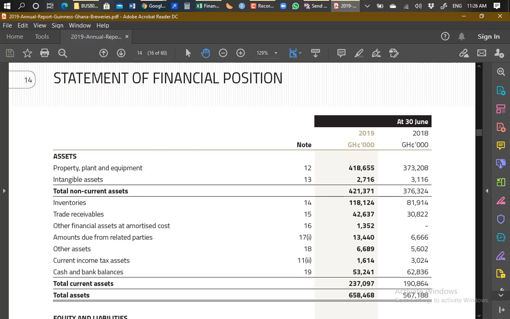Here, at least bring one other prior year, so that when the reporting period is 2019, and I look at 2019, say property, plant and equipment of 418,655,000, I can directly compare it to the 2018 version of the same thing and see whether there is an increment or decrement. This is some form of analysis. This is what we call comparative analysis.